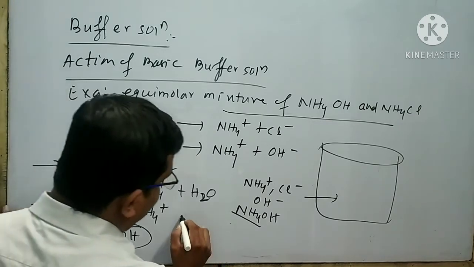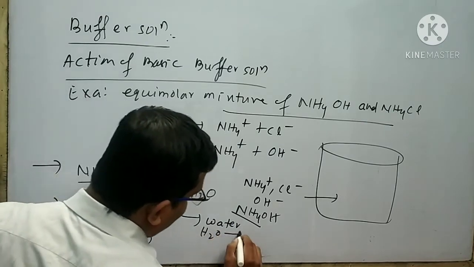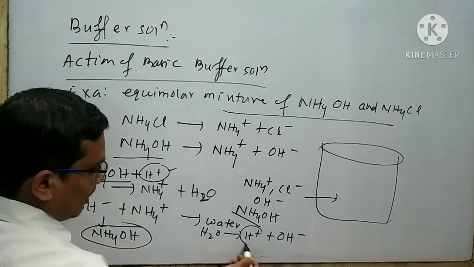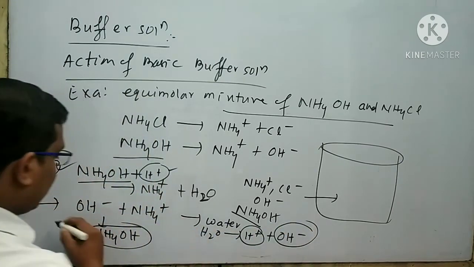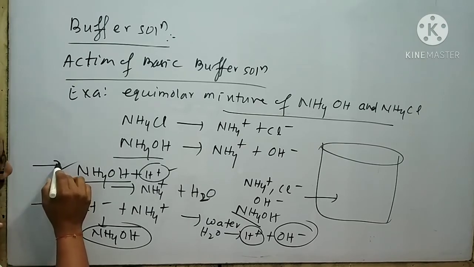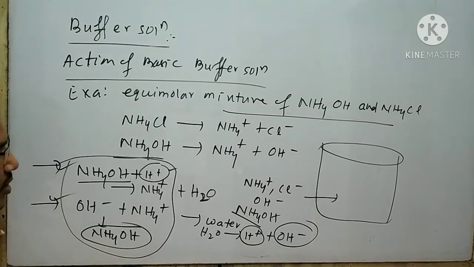Similarly, if I add a small amount of water from the outside, we know that water gives one H+ ion and one OH- ion. Due to this H+ ion, this type of reaction occurs. Due to this OH- ion, this type of reaction occurs. That means if I add water from the outside, both these reactions occur simultaneously. Again, if I add the H+ ion, this reaction is possible.